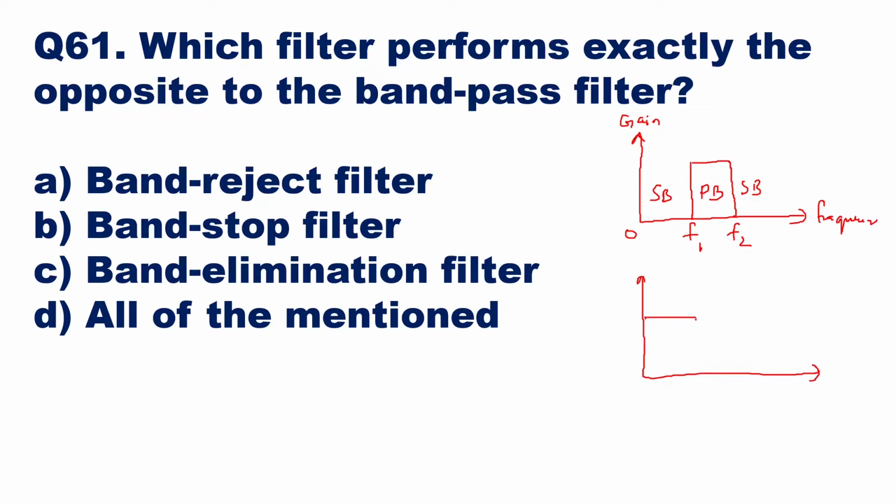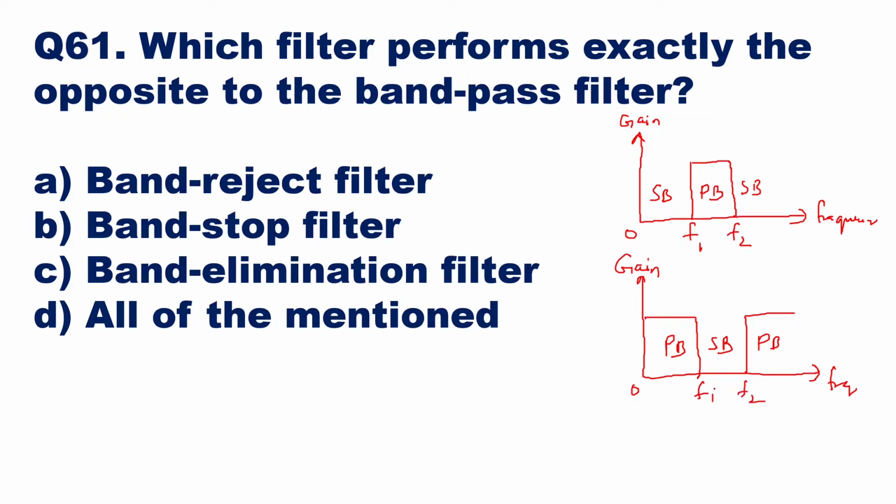So something like this you can have. Here you can see this is gain, this is frequency, this is pass band, this is stop band, and this is pass band, with f1 and f2.